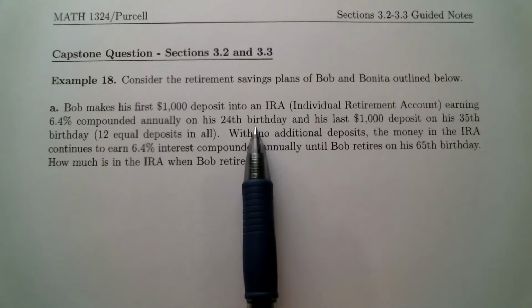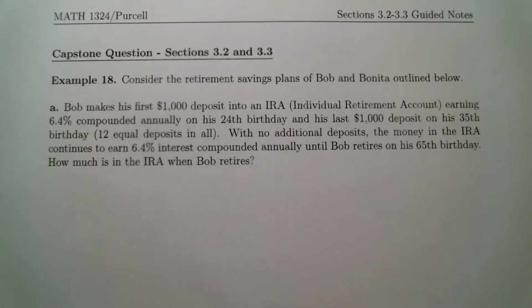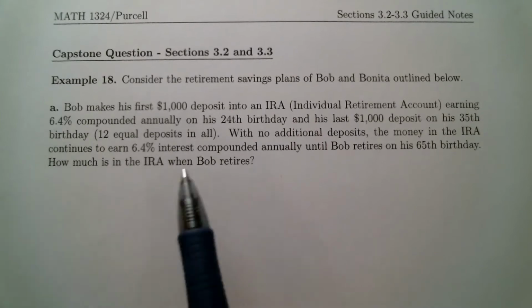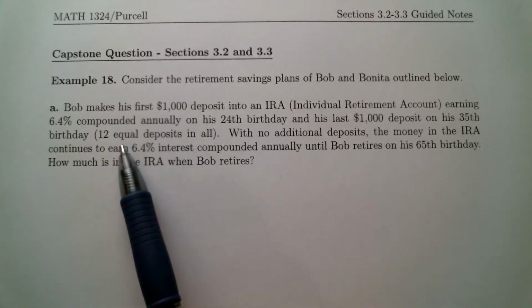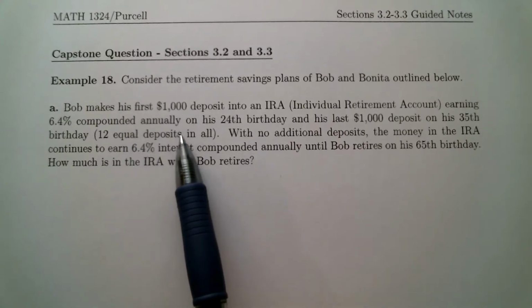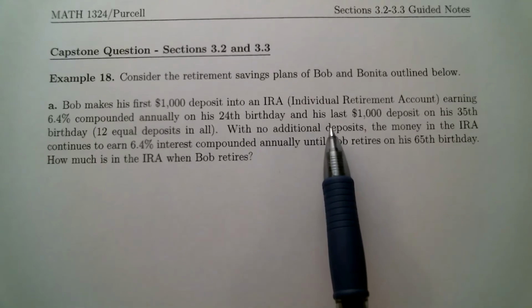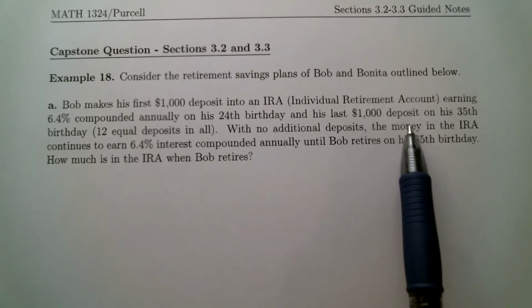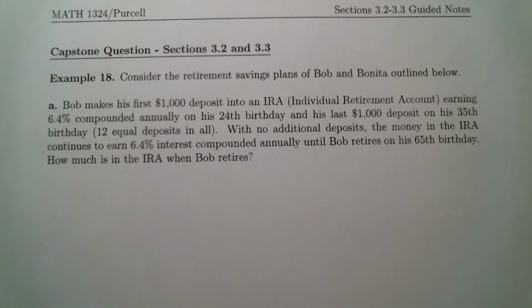He starts on his 24th birthday and continues to deposit $1,000 yearly until he makes the last deposit on his 35th birthday. After that, he makes no additional deposits and just lets the money sit there and earn interest until he retires on his 65th birthday. So there are two different things going on.